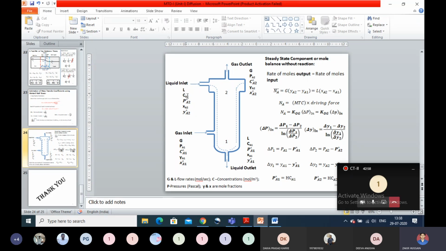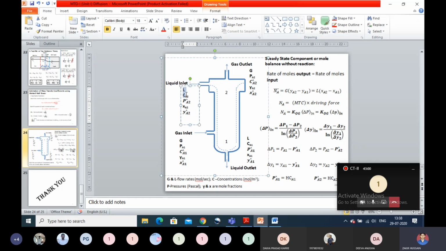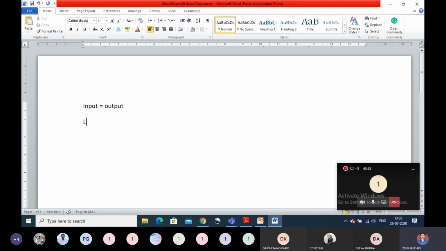So the component balance we have to write only for component A. In terms of mole fraction, we can write L into XA2, which is the inlet liquid.